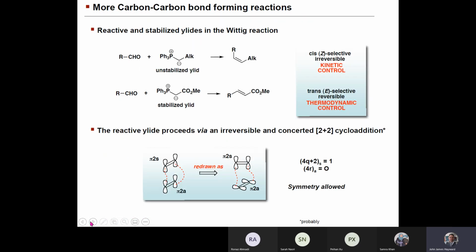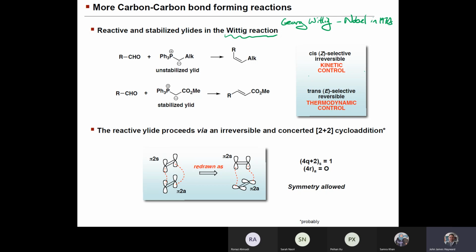Next, more about carbon-carbon bond forming reactions. We were talking about some single bonds previously. Now let's talk about some double bonds. One of the best, most famous reactions for making carbon-carbon double bonds is the Wittig reaction. He got the Nobel Prize in the 1970s.